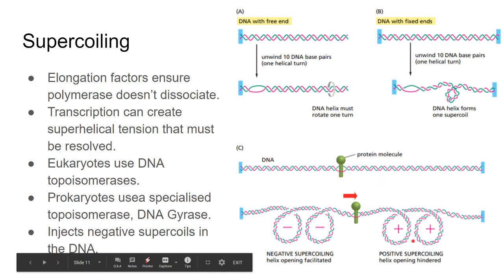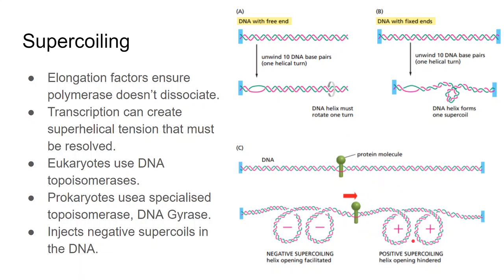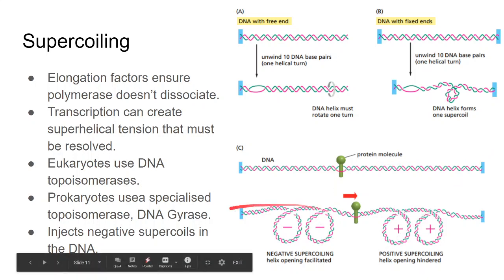You have positive supercoiling. Positive supercoiling is bad. It stops your opening of DNA. But negative supercoiling allows opening of DNA because it's rotating in the opposite direction. When you open a DNA along a negative supercoil, it will just straighten out. I hope I'm making sense.